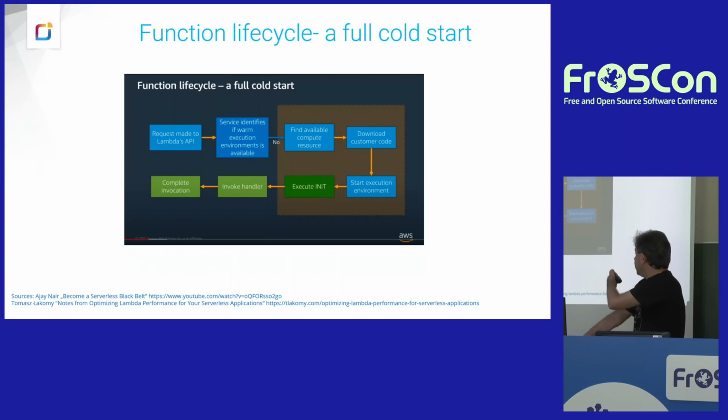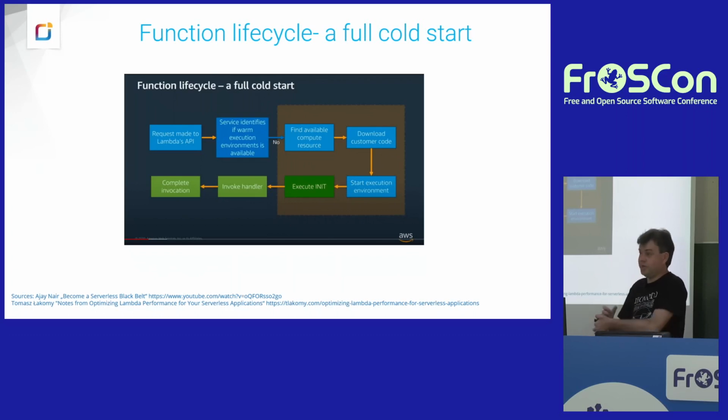If a container finishes the work, then it comes to the warm pool of containers. And if there is a free container and you send a request, this free container will be reused, and you will have only this last step, the warm execution, where the business logic runs. And that's how it works all the time. So if there is a free container, then it will be reused.